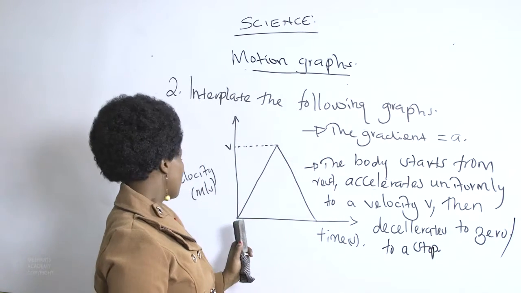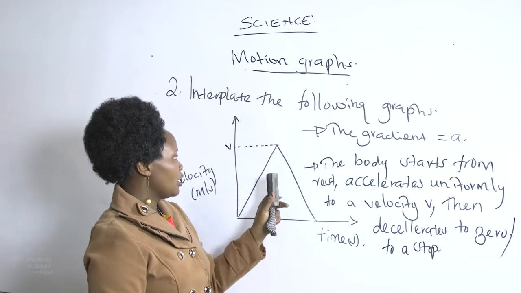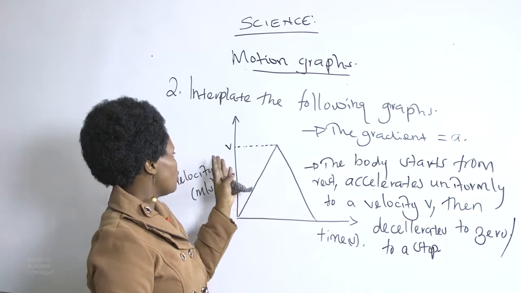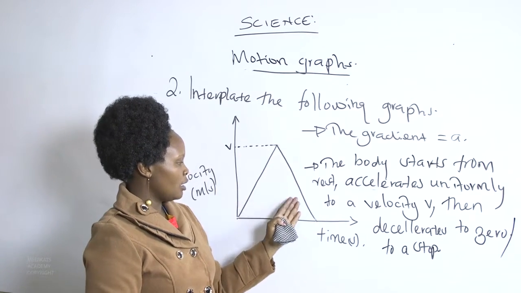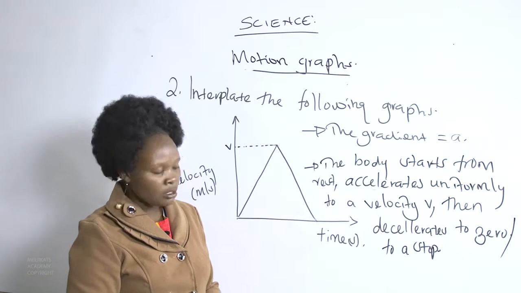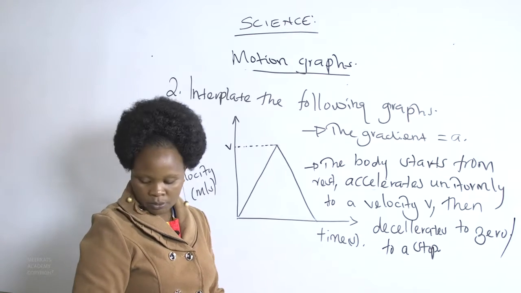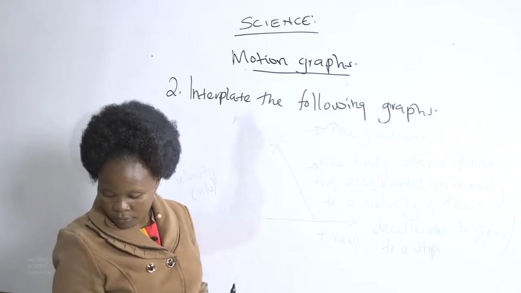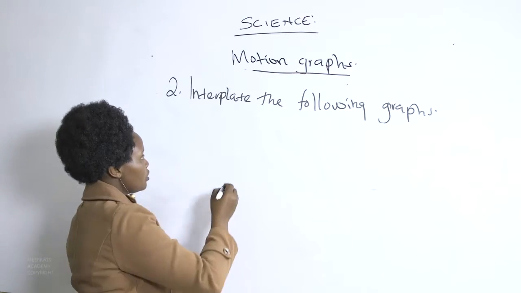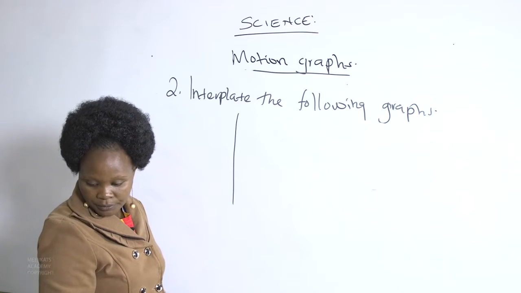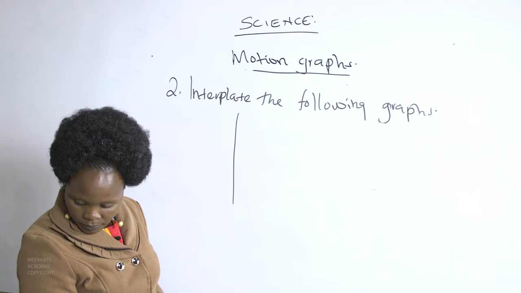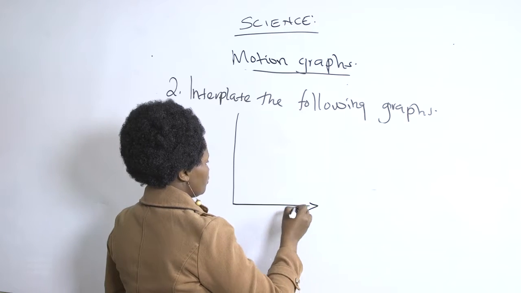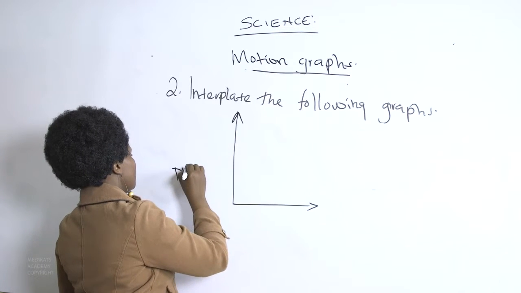That initially the body was at rest, it accelerated and attained a maximum velocity we are calling v, and again the velocity reduced to 0 with time. Now the final graph that we are going to consider is actually a displacement time graph.